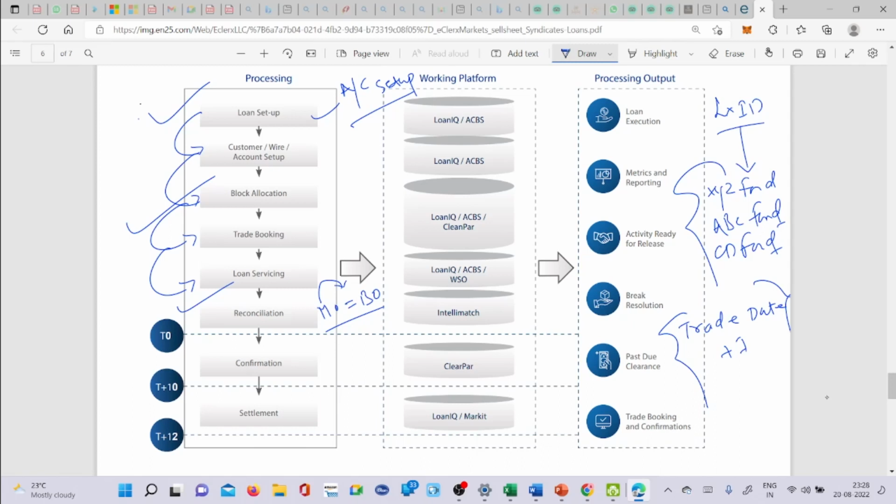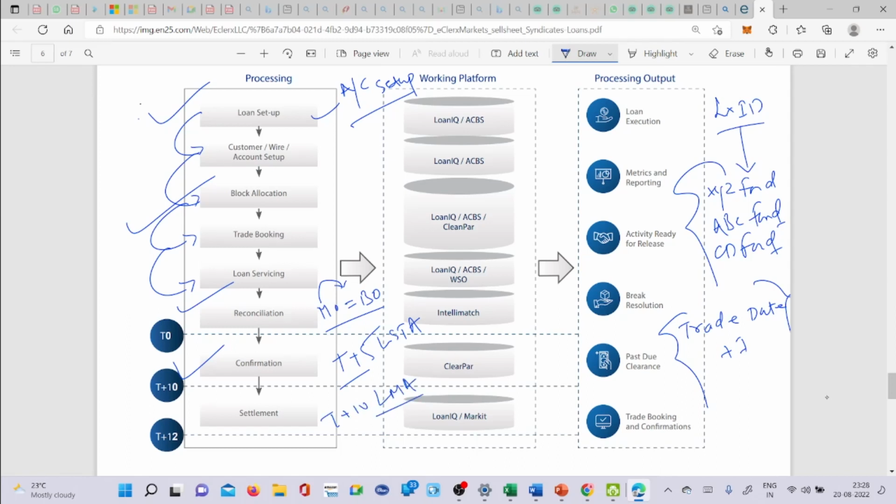Okay. Then confirmation on T plus 10 days, which you can refer to, because in the loan business we have a different timeline: T plus 5 for the LSTA market, and T plus 10 for the LMA market.